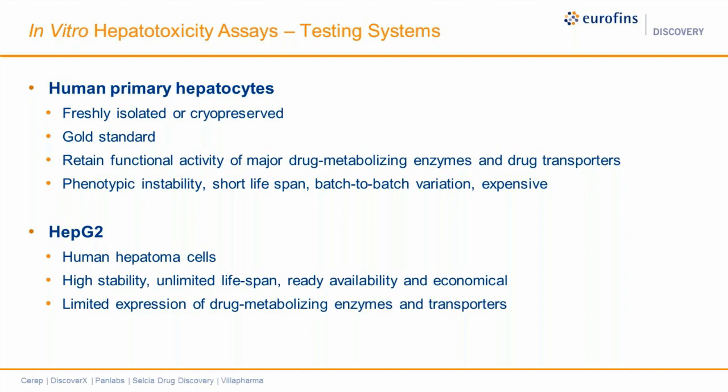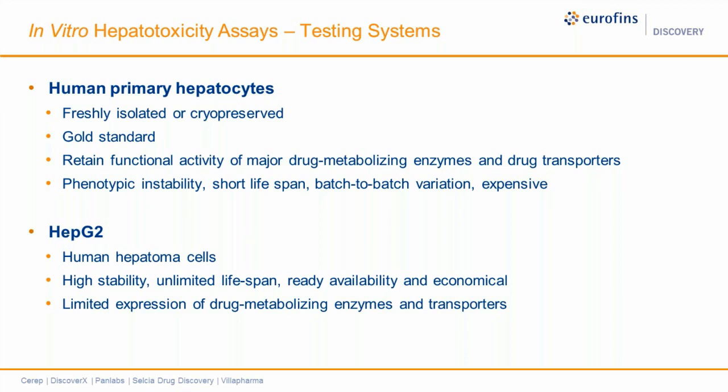The human primary hepatocytes are considered the gold standard for in vitro hepatotoxicity assays because they are the closest in vitro system to the in vivo condition. They retain functional activity of major drug metabolizing enzymes and drug transporters under short-term 2D culture or relatively longer-term in 3D culture or co-culture with other hepatic cells.